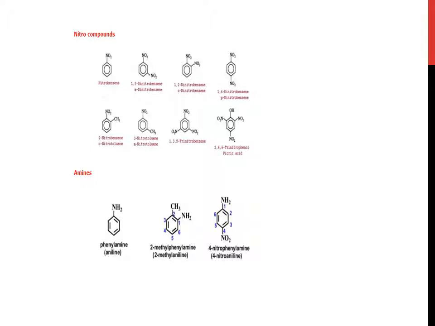And amines, phenylamine, when the benzene ring is attached to one NH2, and when there is one NH2 and one CH3, this is 2-methylphenylamine. And when the position is changed, at the para position, then it is 4-nitrophenylamine.